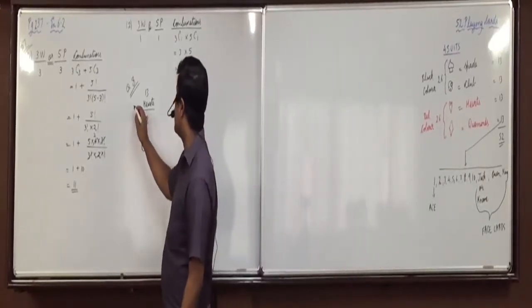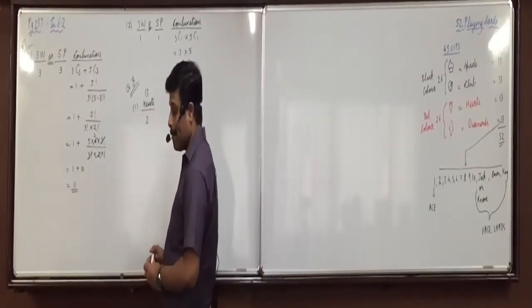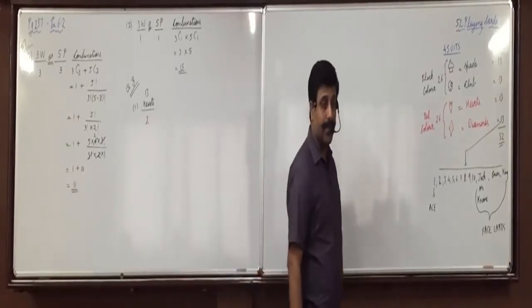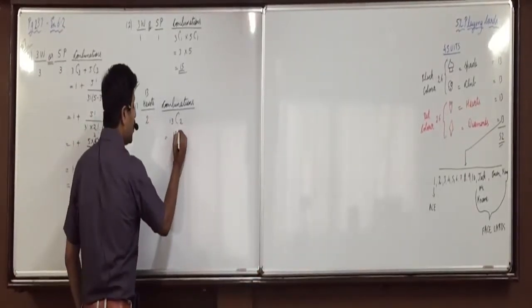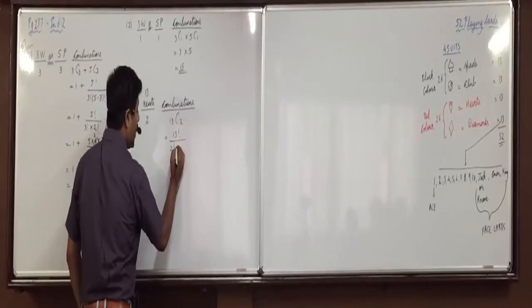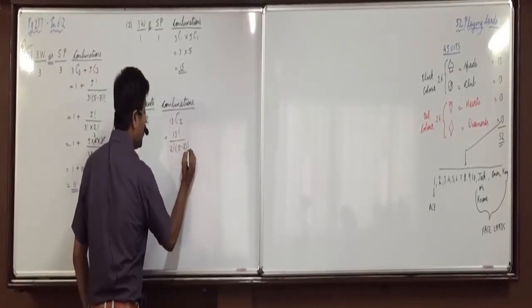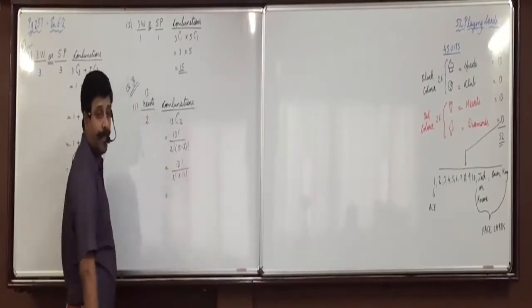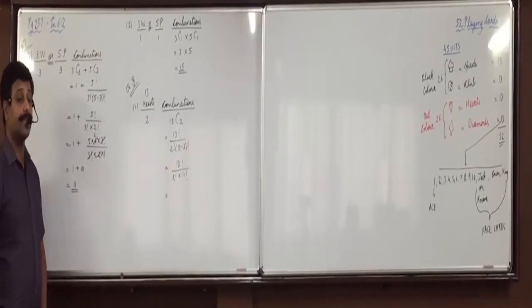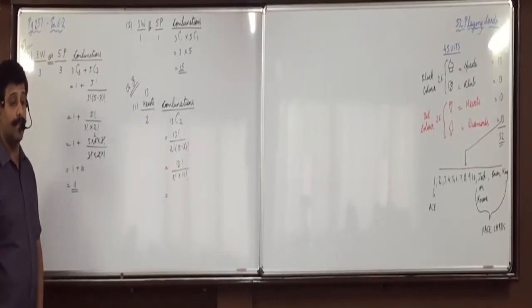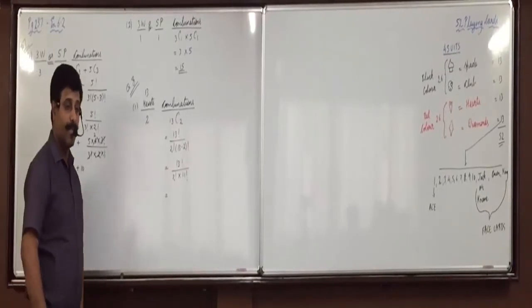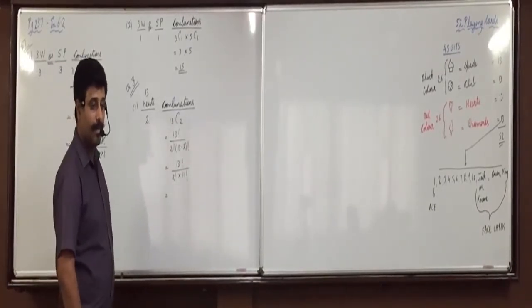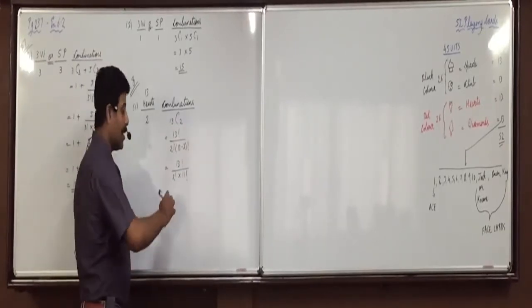So put down first option. The total number of ways, correct. 13 factorial upon 2 factorial into 13 minus 2 factorial. So 13 factorial upon 2 factorial into 11 factorial. 13 into 12 into 11 factorial upon 2 into 1 into 11 factorial.